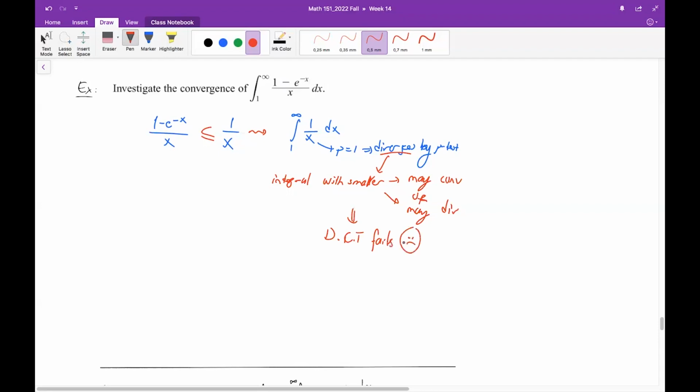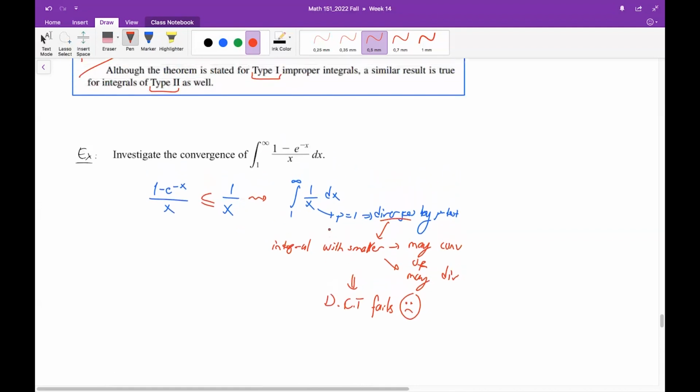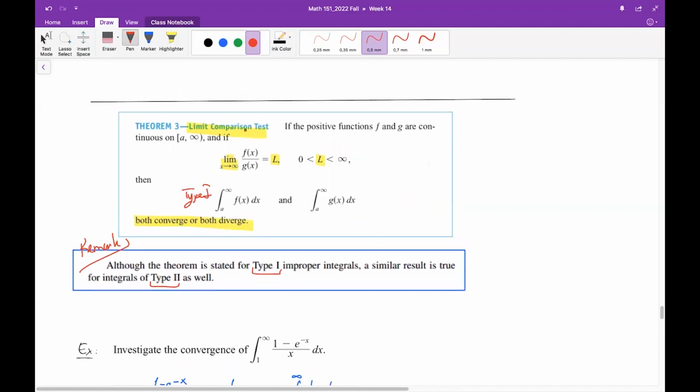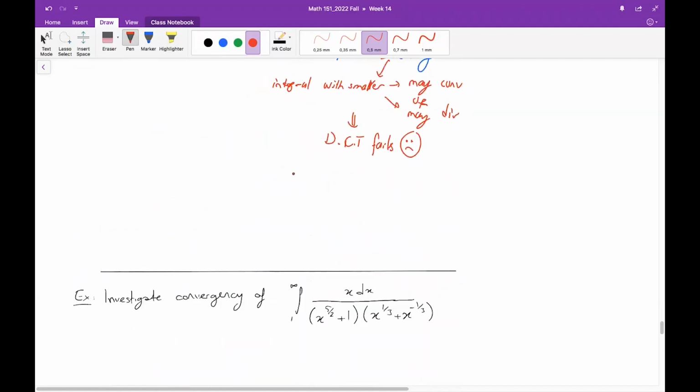And for such situations, you can fill the gap that remains after applying the direct comparison test. You cannot give the result; there is still this gap. You can fill this gap by using the limit comparison test. So let's try the limit comparison test instead.